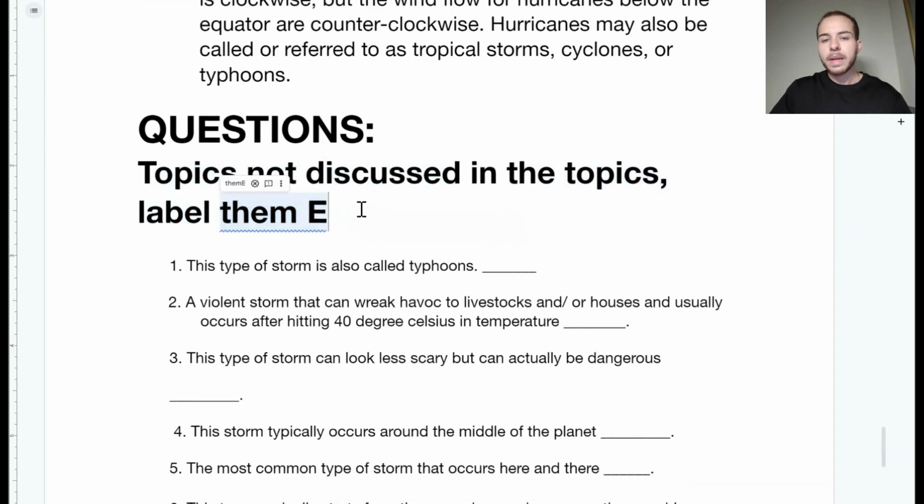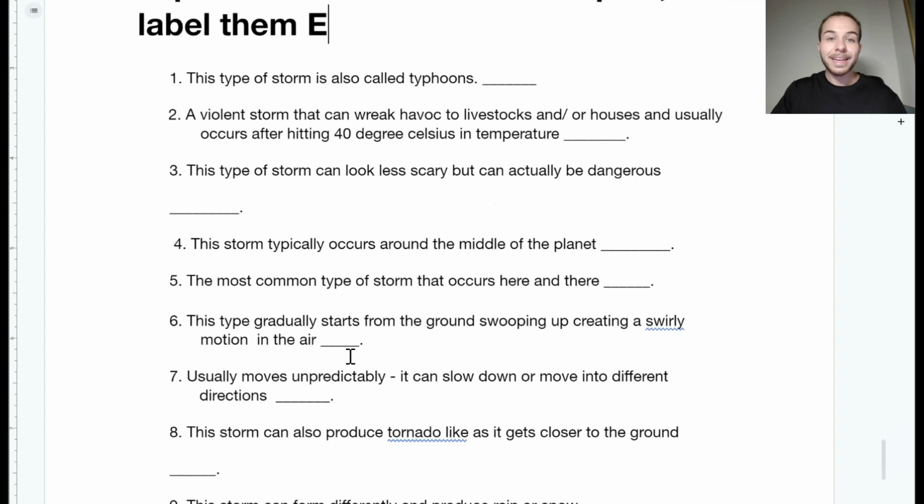All right. Now, of course, the first thing to do is read through these topics, highlight keywords which you could assume will be talked about above, and then we're going to skim read the text. So this type of storm is called typhoon. Definitely typhoon is going to be a keyword.